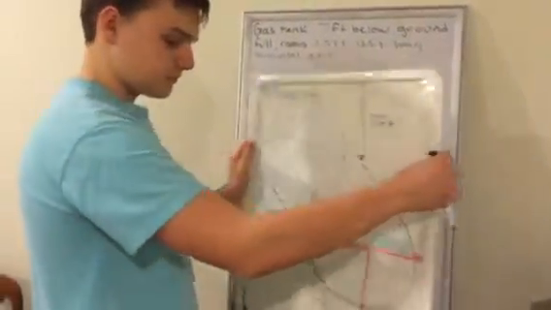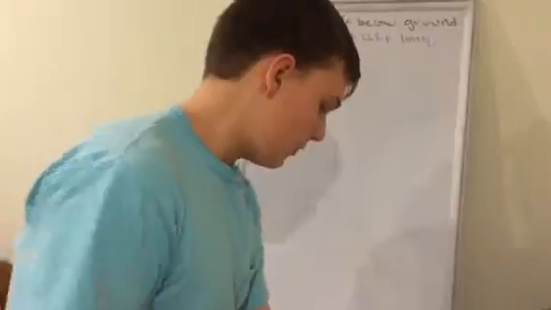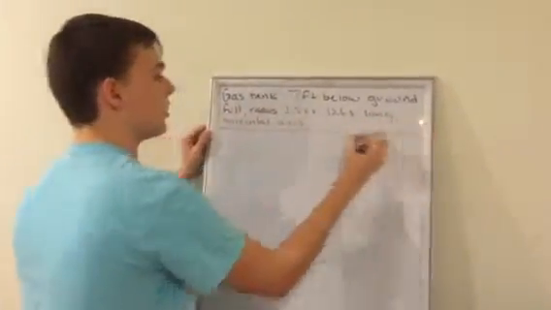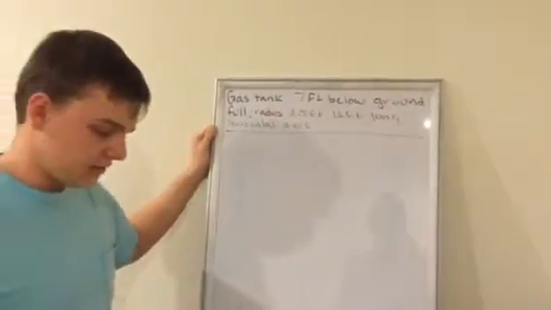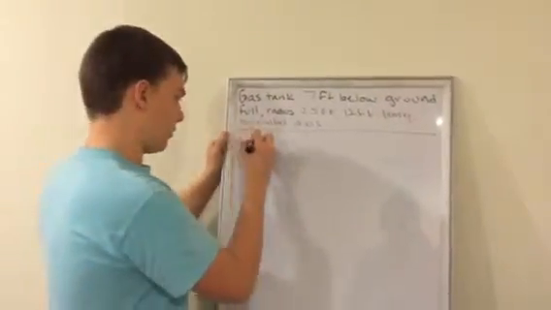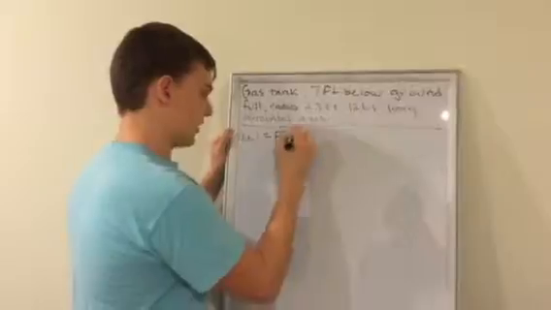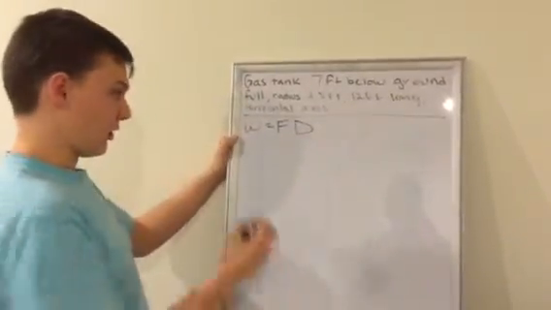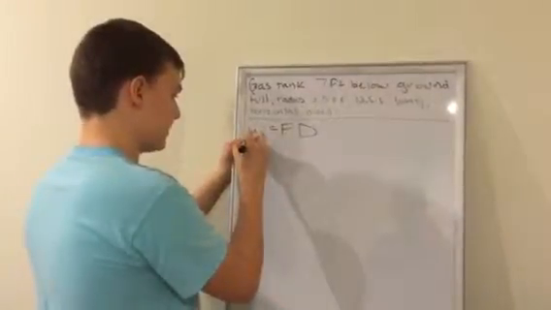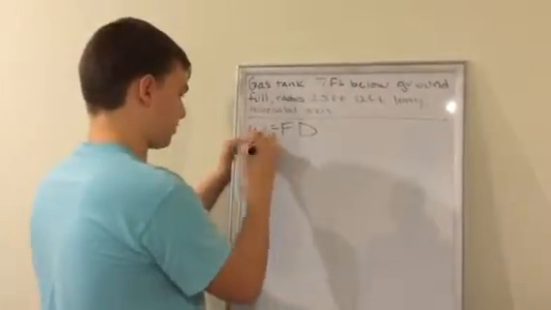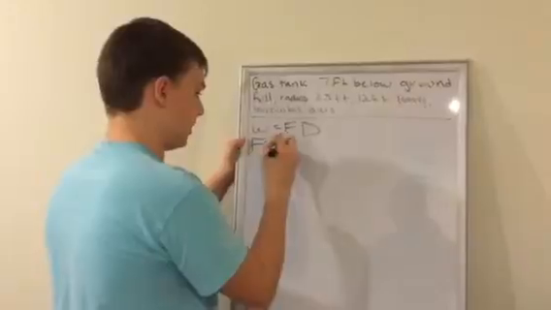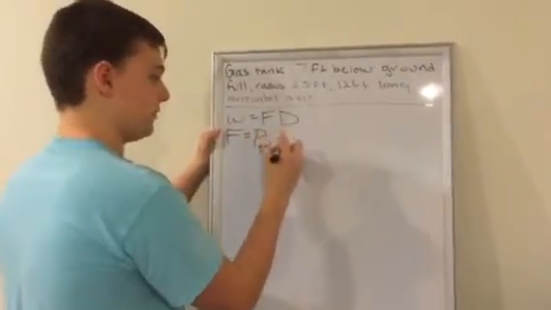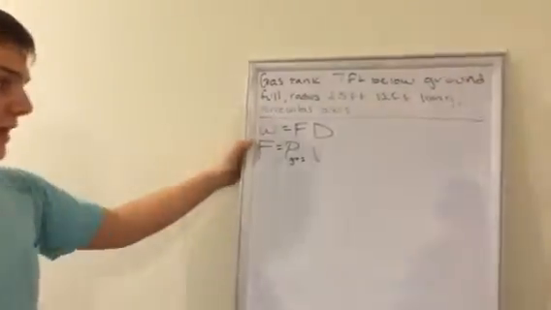So to begin, we will talk about, okay, what are the two parts we need to solve for work? Well, work equals force times distance. In this case, we'll start with force. Our force needs to be density of our gas times the volume of our gas.